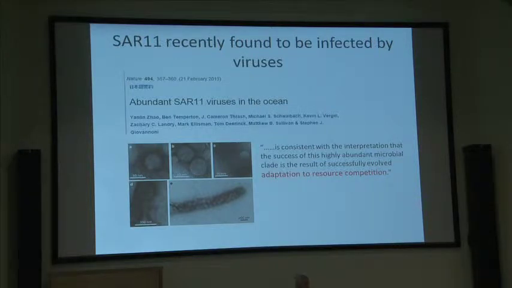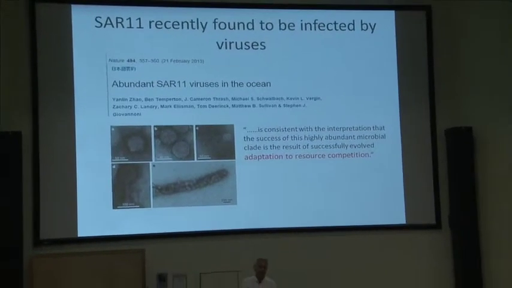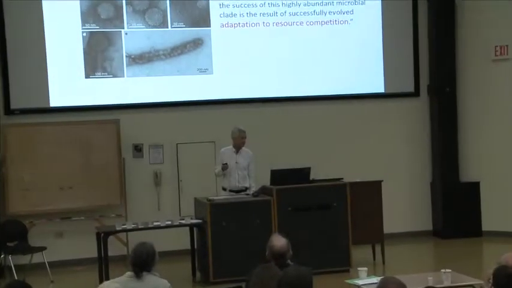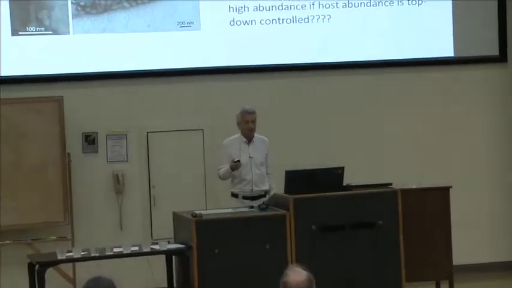Then the argument was that it's so abundant because it has high competitive abilities. But then we get into a problem. There is something not quite consistent here: how can successful competition give high abundance if there are a lot of viruses, so that we assume it to be top-down controlled?